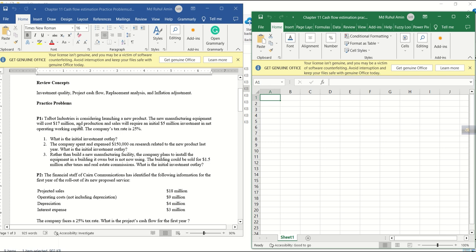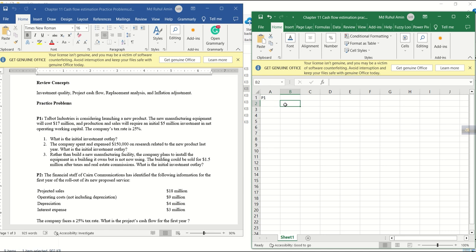Talbot Industries is considering launching a new product. The new manufacturing equipment will cost 17 million, and production and sales will require an initial 5 million investment in net operating working capital. The company's tax rate is 25%. So problem one.